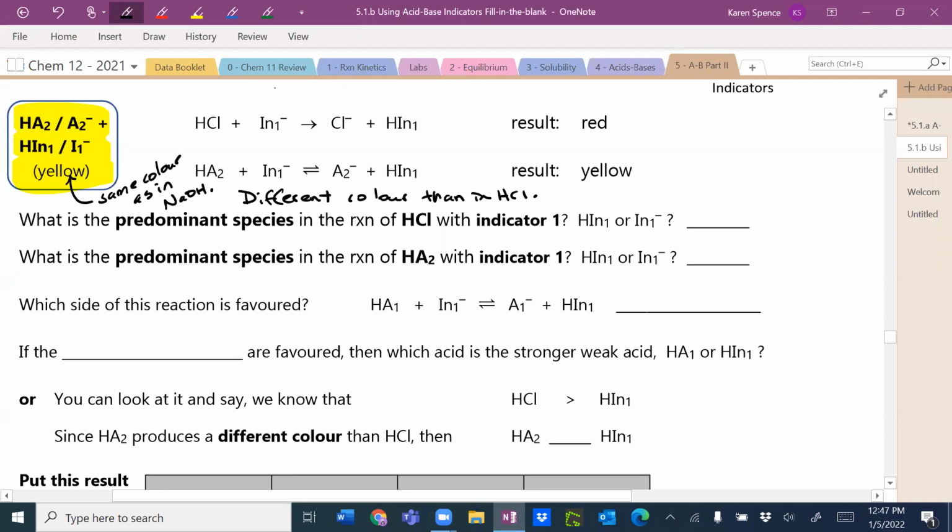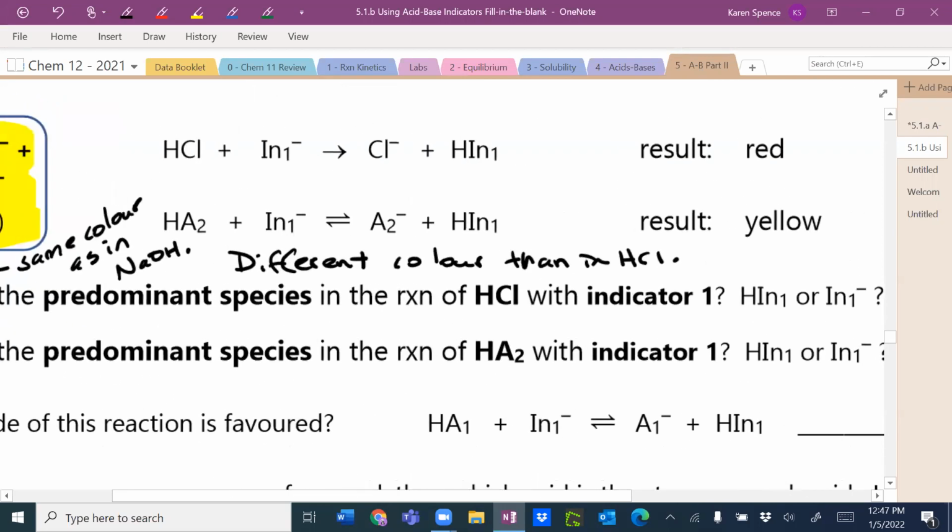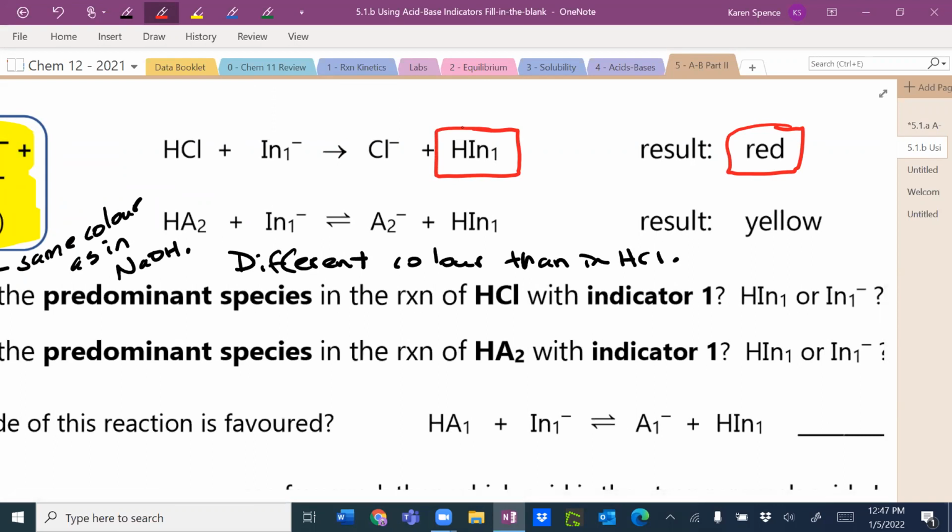Okay, so when we put the HCl with the indicator, we got a result of red. And remember our HIN was red. When we put the indicator in with the HA2, we saw the result of yellow, which means that we are seeing the yellow species, which is the IN1 minus.